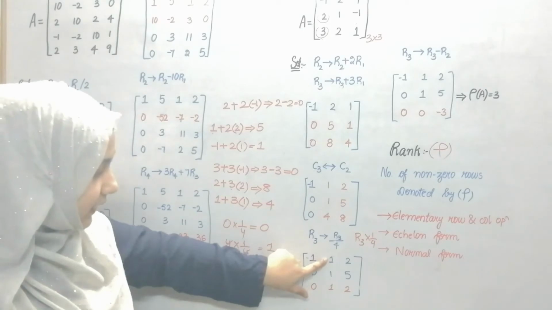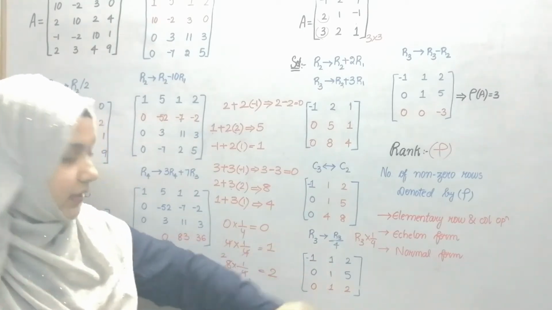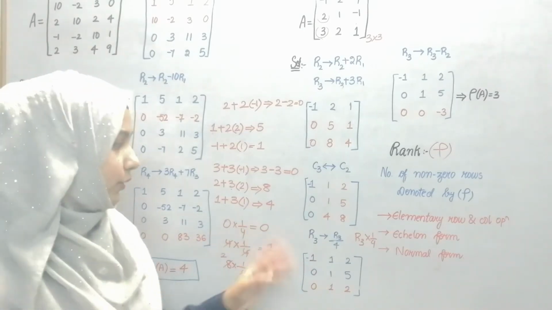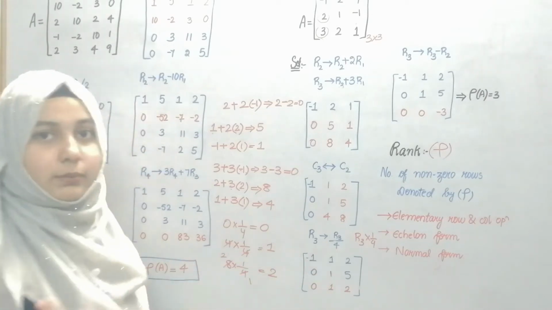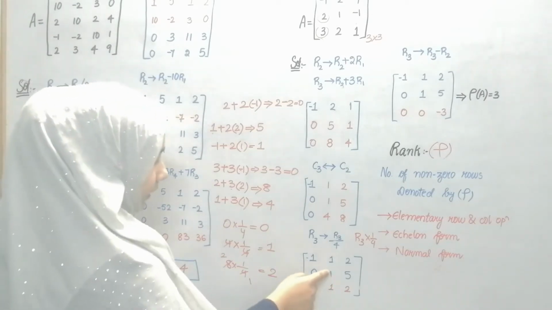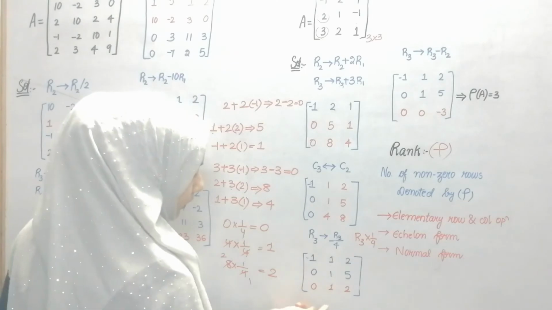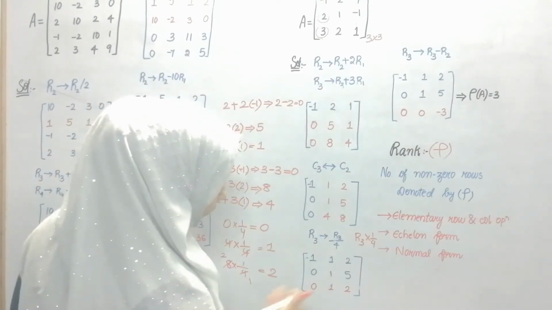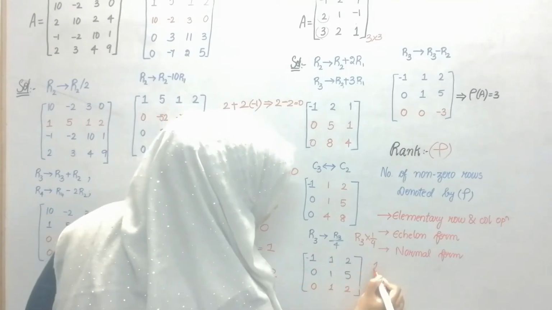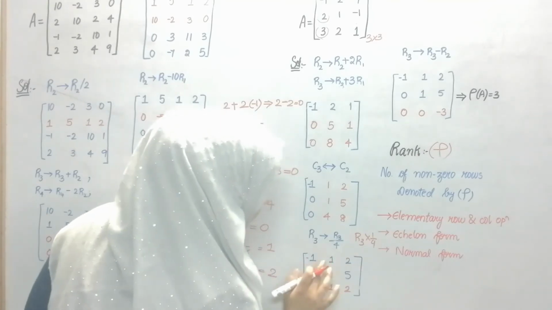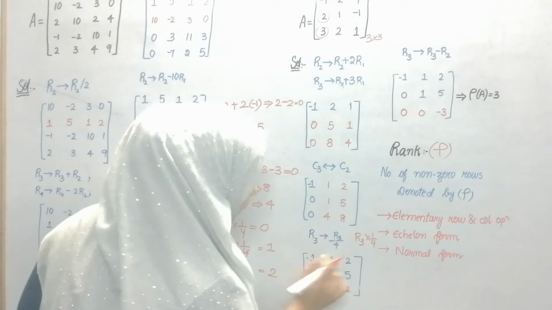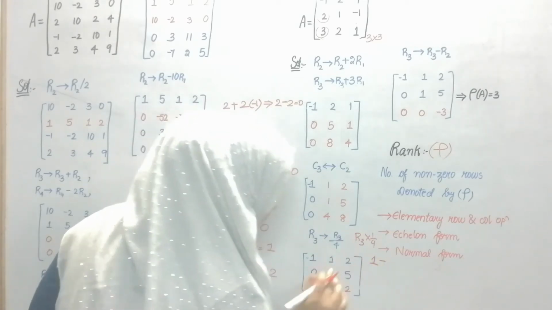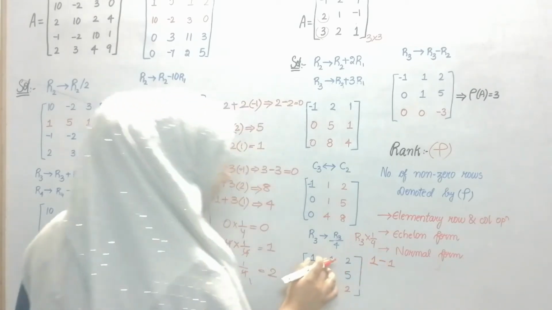See, I can make this element 0, this element 0, this element 0. I can make any of them 0 using different methods. How can I make this element 0? I can subtract row 1 with row 2, right? Row 1 minus row 2's element: 1 minus 1 will become 0.